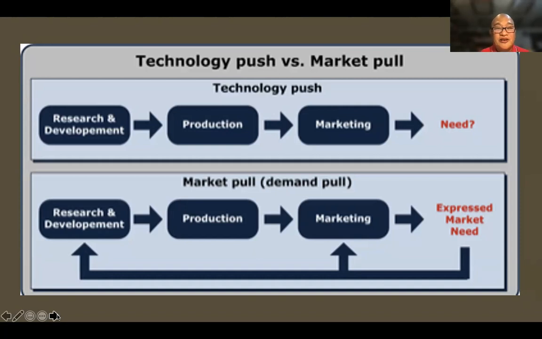In the market pull scenario, you have a need in the market, which would drive the research and development and the production and marketing and more innovation. Until that market need is fulfilled, then perhaps there would be new needs for technology and science, which would result in more research and development.